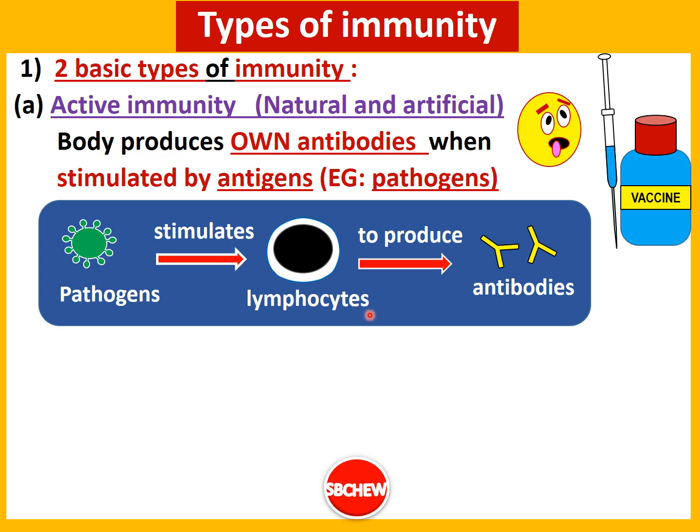So the lymphocytes will produce the chemical substances made of proteins, which are called antibodies. These antibodies will bind to the pathogens, and through the many modes of action, they will destroy the pathogens. For example, they can destroy the pathogens through lysis or precipitation, and so forth.